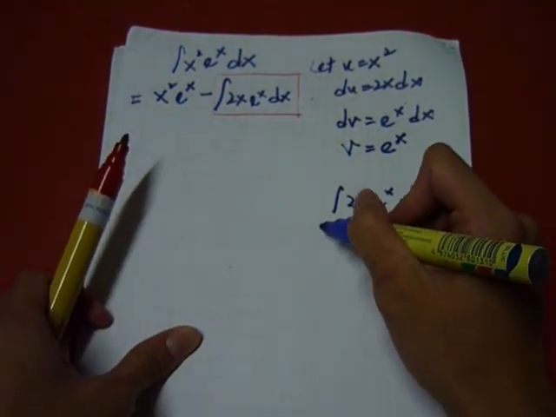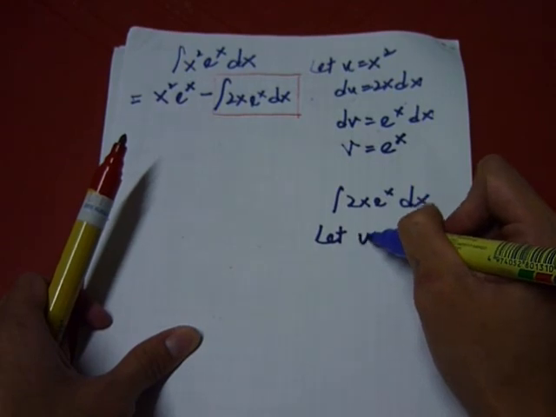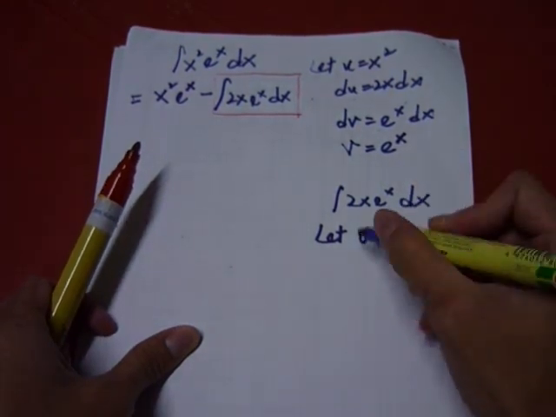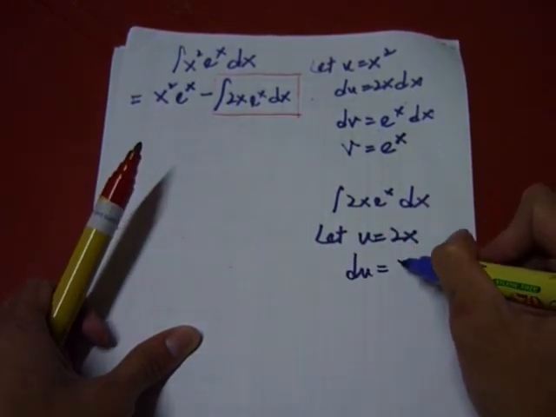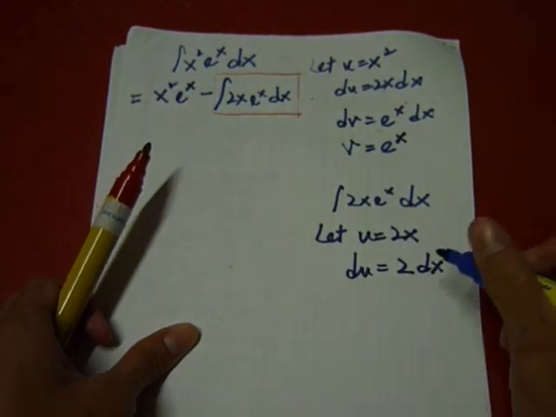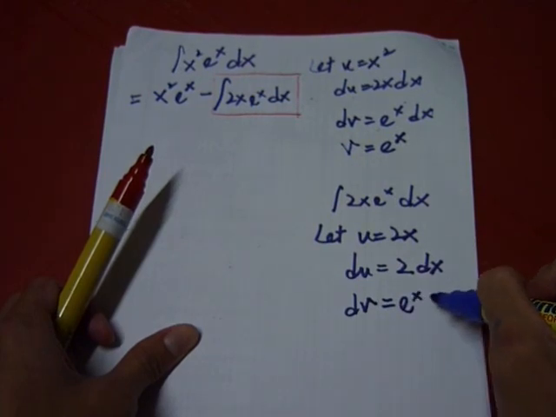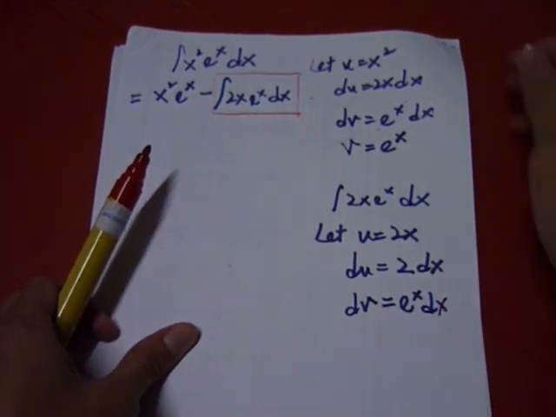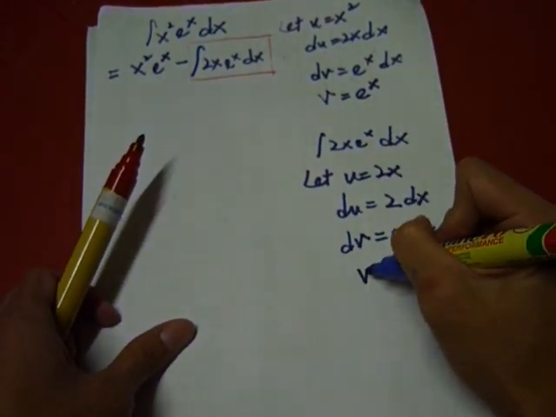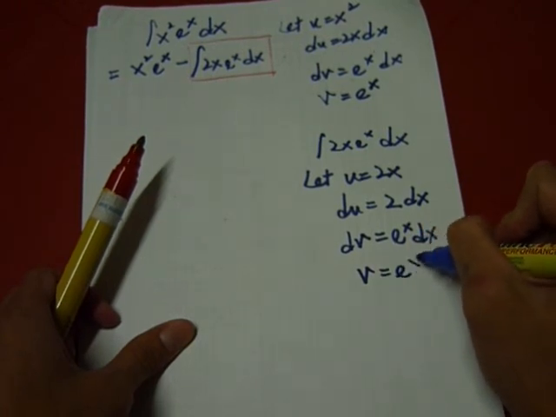Okay, first we let u equals 2x and du equals 2 dx, and dv equals e^x dx, and v will equal e^x.